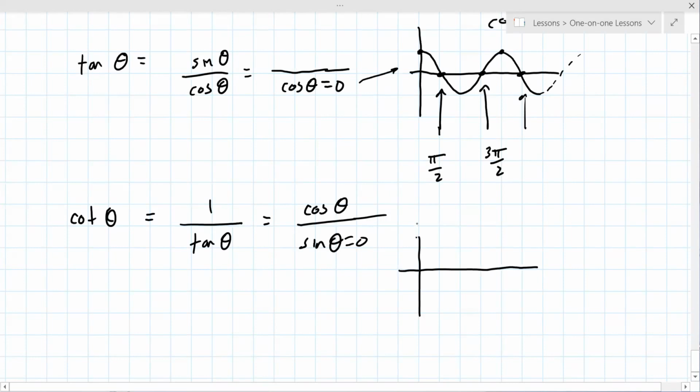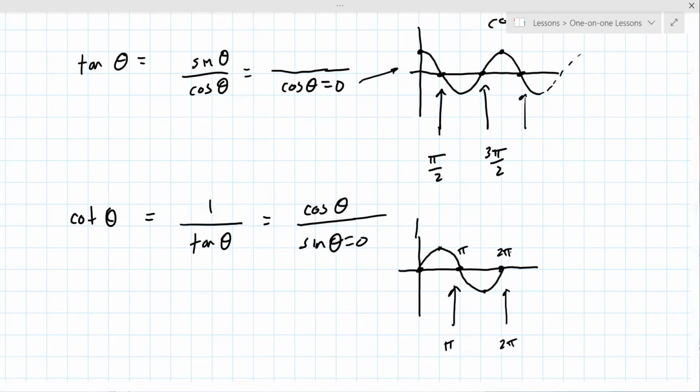That's the one that starts at the origin, goes high, comes back down, and then back up. So that's pi, that's 2 pi, and so on. The problematic areas here are pi and 2 pi. But again, this goes on forever, so there's another one there, and it comes back up, and so on.